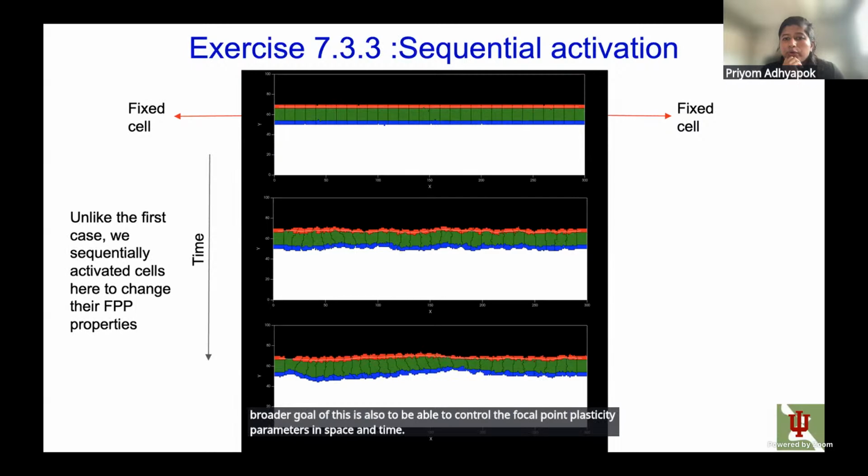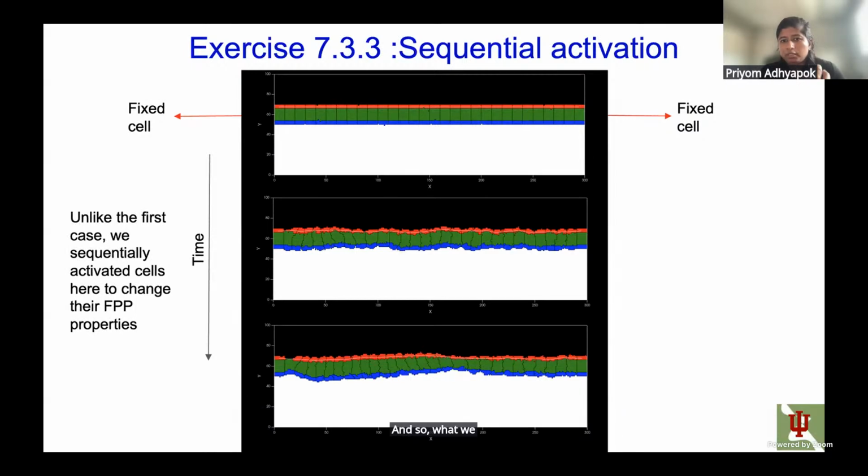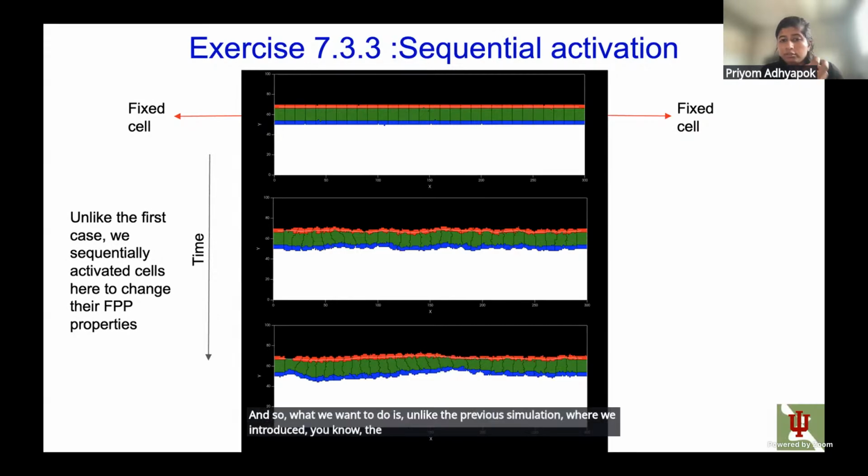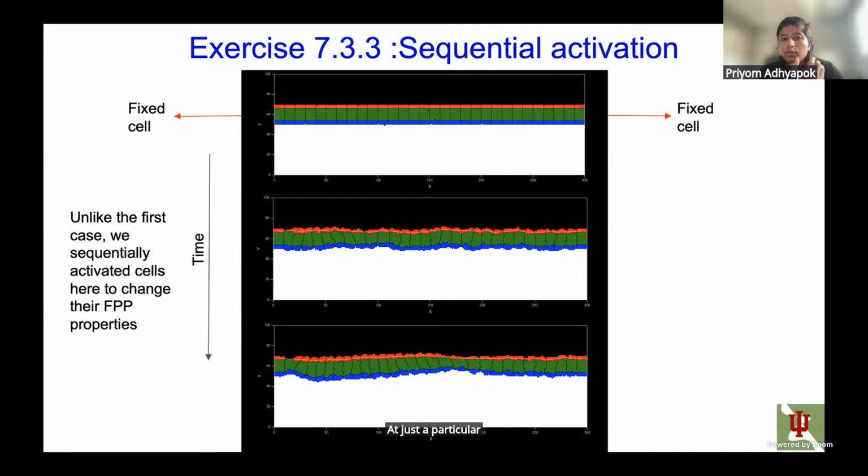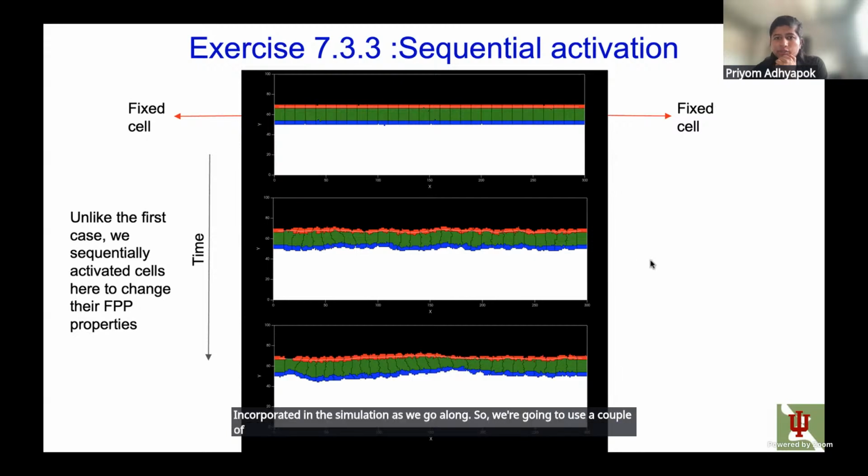And so what we want to do is, unlike the previous simulation, where we induced the focal point changes at just a particular time point, we could also incorporate it in the simulation as we go along. So we're going to use a couple of parameters, which I'm going to describe in the next slide in more detail.